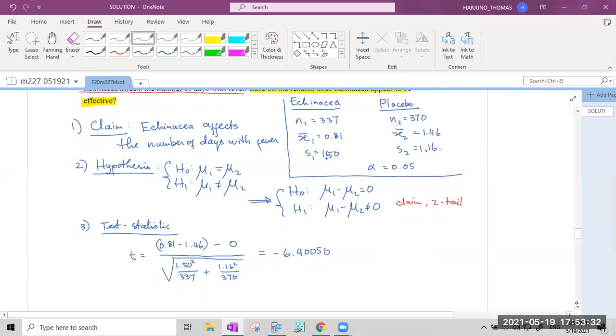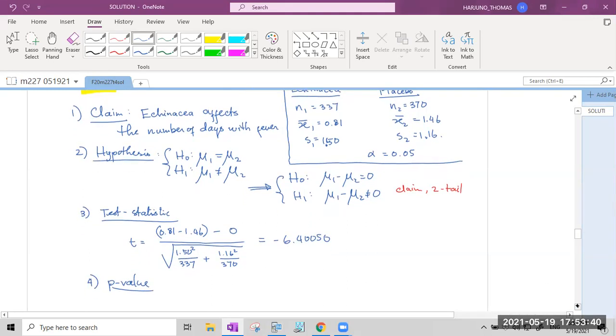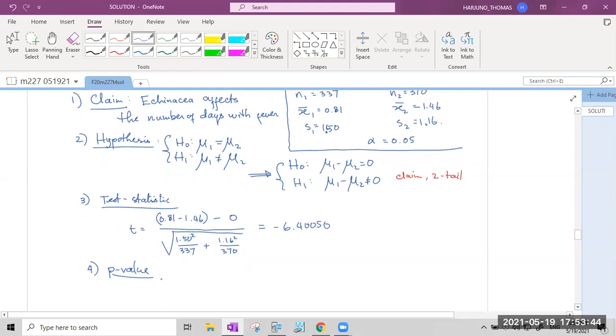Okay, step 4, p-value. That's negative 6.4005, but that will be two-tailed, right? So I will need to multiply by 2.